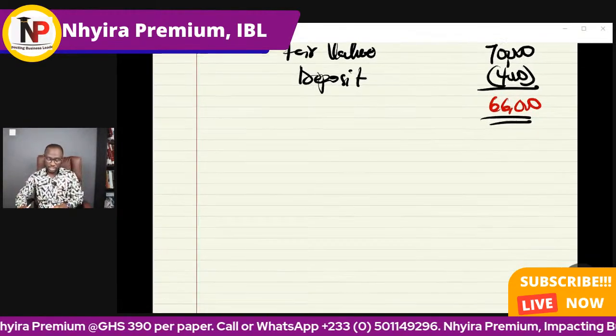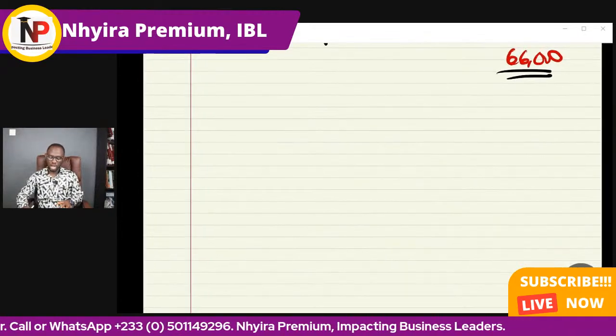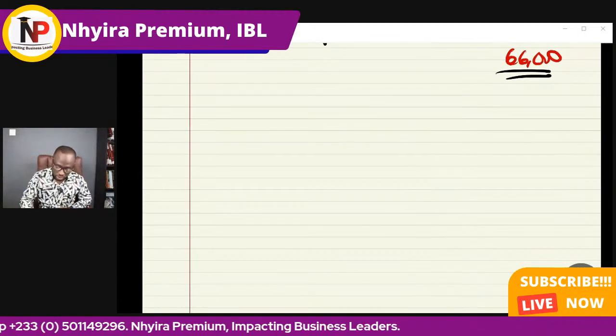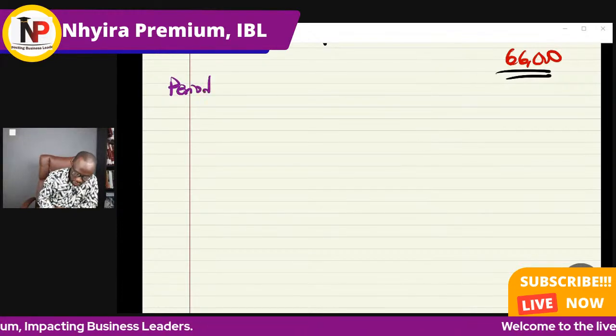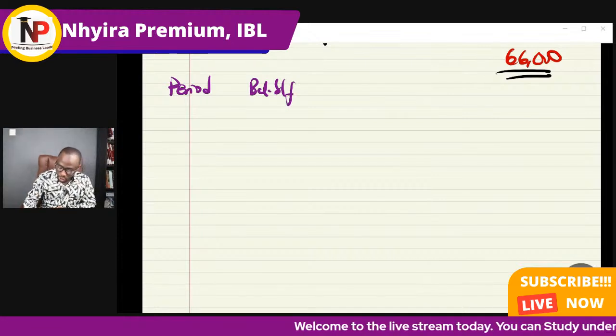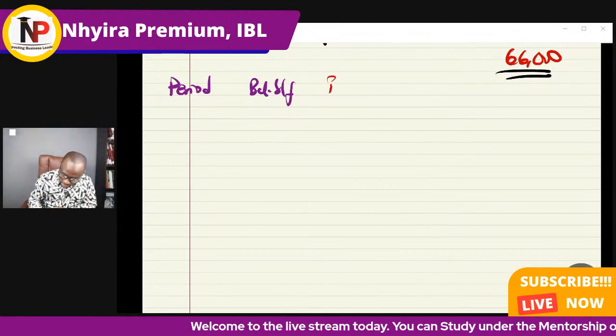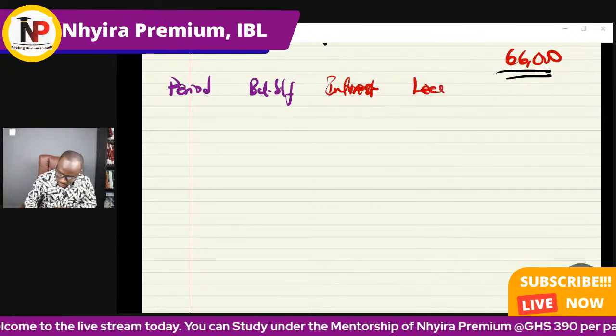So it is this 66,000 Ghana cedis that we are going to be putting into our amortization schedule to do our workings. So we pull up the period, we bring in the balance brought forward. Because payment is made in arrears, we bring interest. Then we'll bring the lease payment.